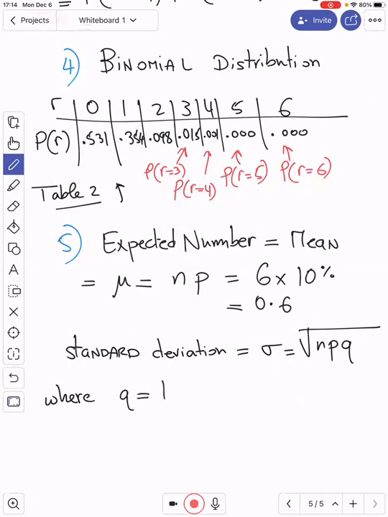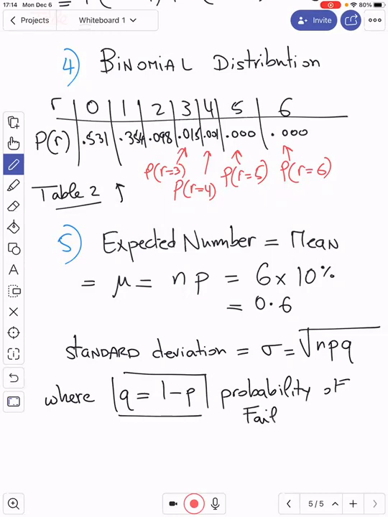So that's actually 1 minus p. Right, that's the probability of failure. Yeah, so in our example, of course, n is 6, p is 10% or 0.10, and so q would be 1 minus p, so 1 minus 0.10, so that's 0.90.